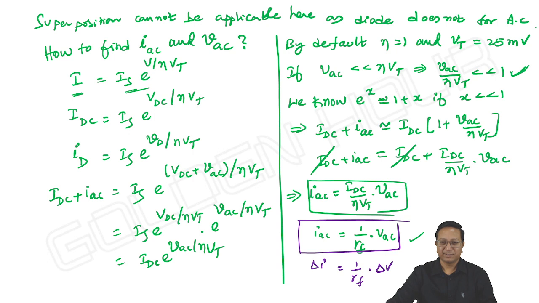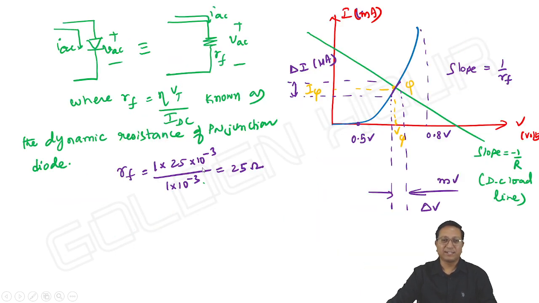The slope of AC is nothing but 1 by rf, where rf is equal to eta Vt by IDC. This is very important. And this straight line is coming along this curve.